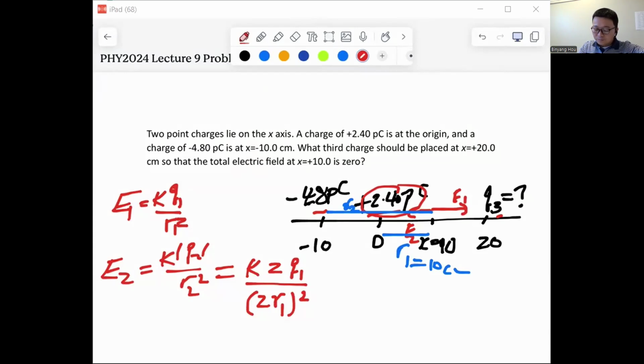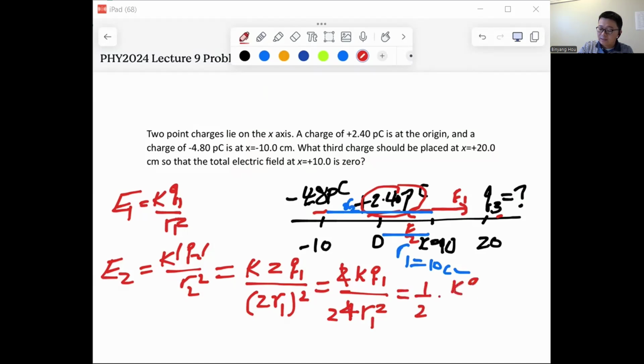If we square it, it will give you 4 in the denominator, so twice KQ1 over 4 R1 squared. You can see 2 and 4 cancel partially, so this is equal to 1/2 times KQ1 over R1 squared.